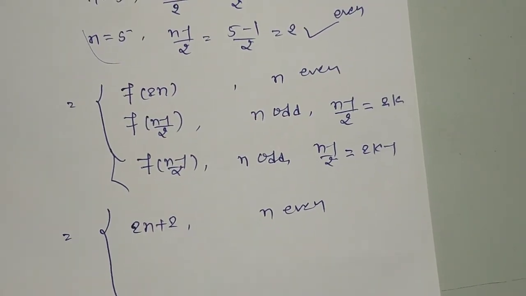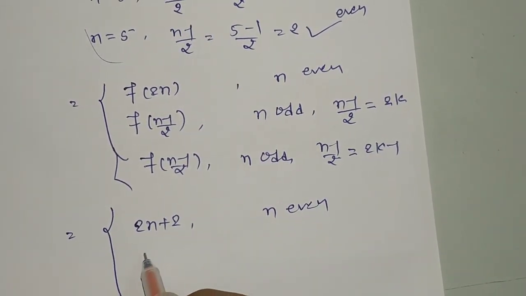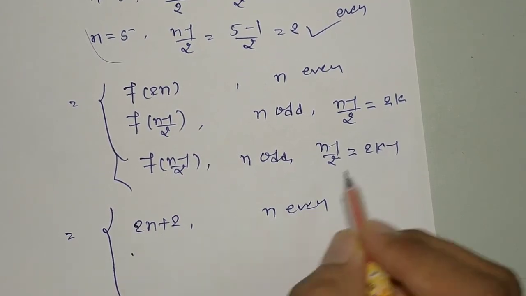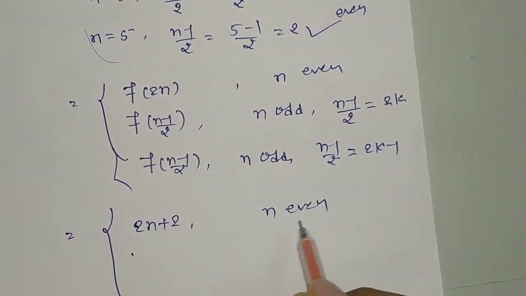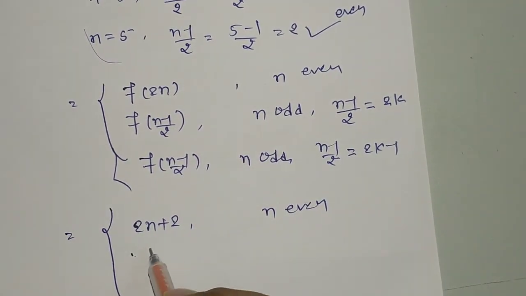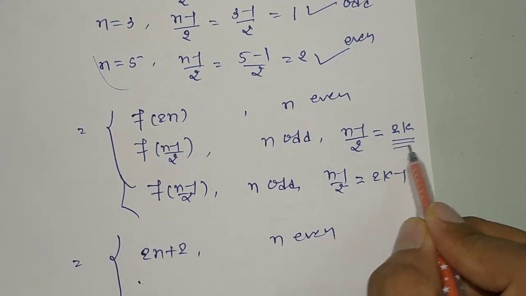Okay, so what we write over here, we'll get f of, for this we get an even value.